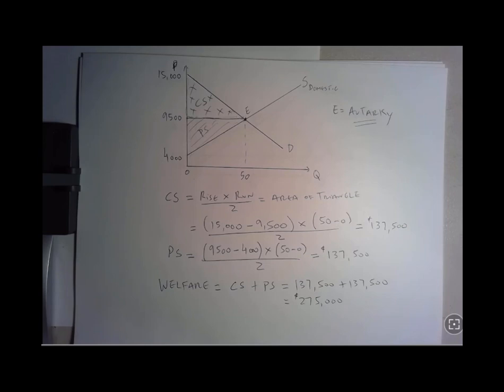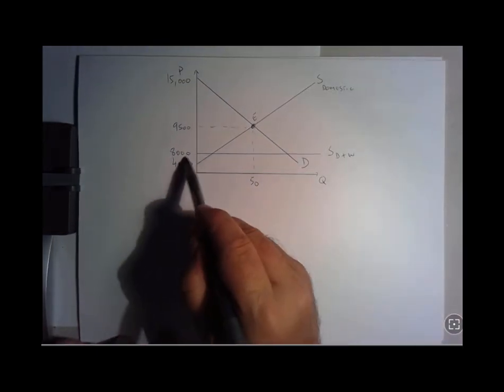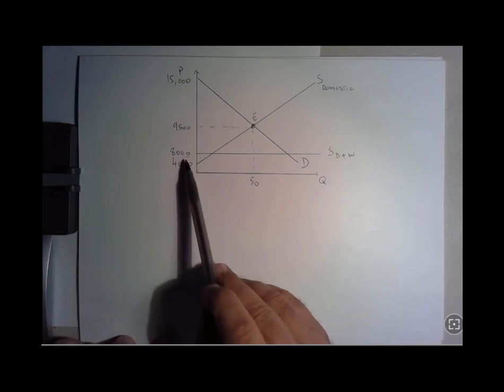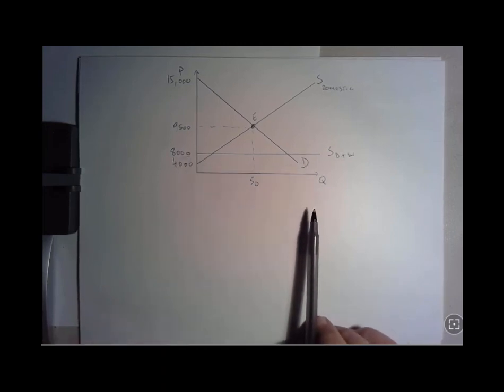It basically takes them as given. This small nation is a price taker, not a price maker. As a price taker, basically it means that it takes the world price for any quantity it demands.